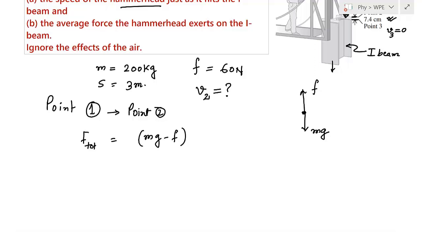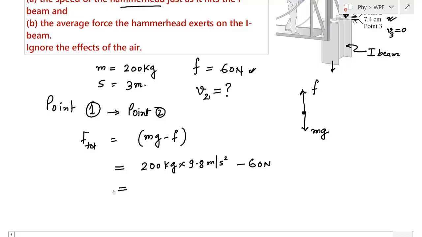We can calculate this value because we know the mass of this hammerhead, that is 200 kg, and we multiply by gravity, that is 9.8 meter per second square, and the friction force is given, that is 60 Newton.